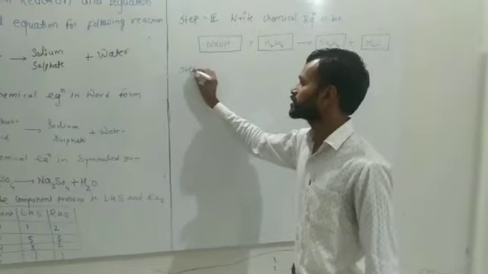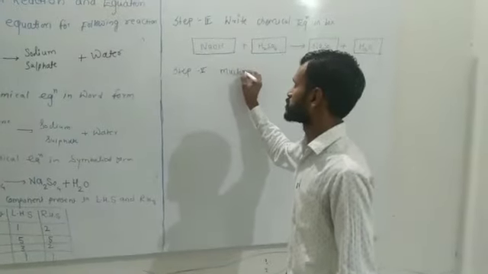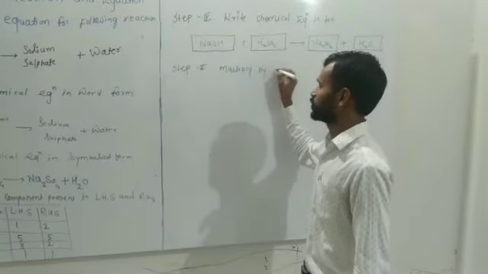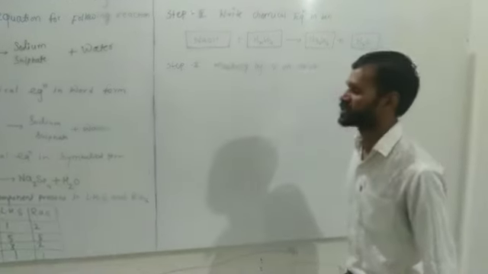Then we use step 5: multiply by 2 on which component? NaOH.